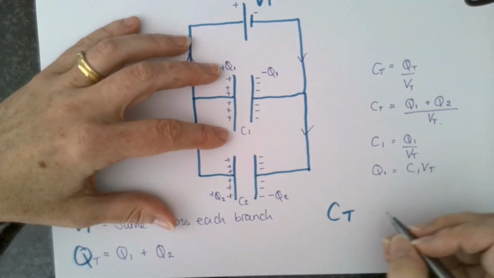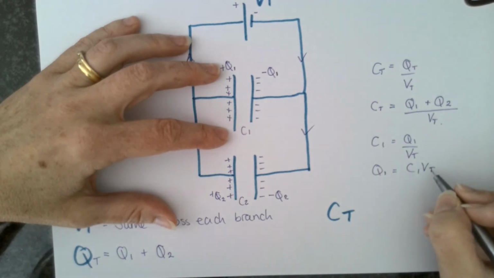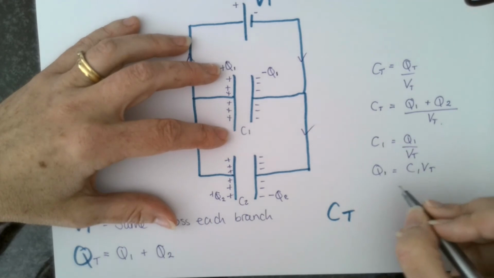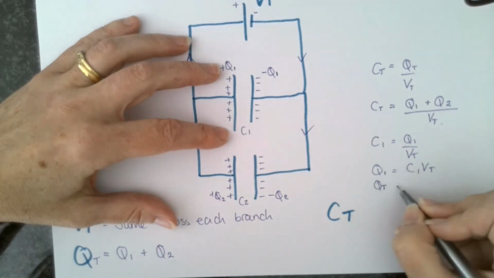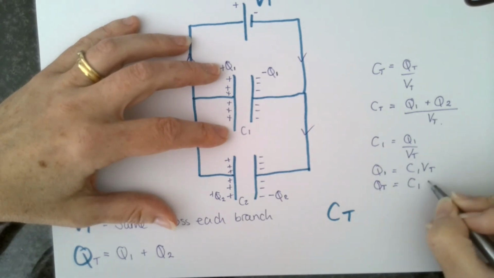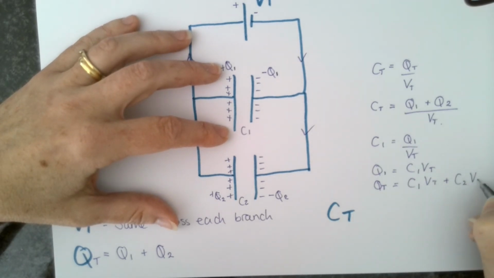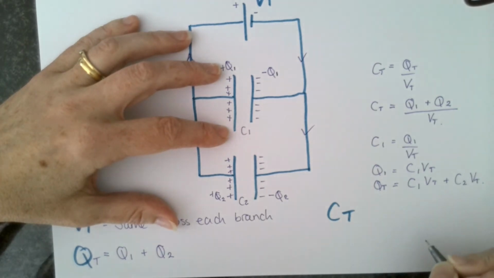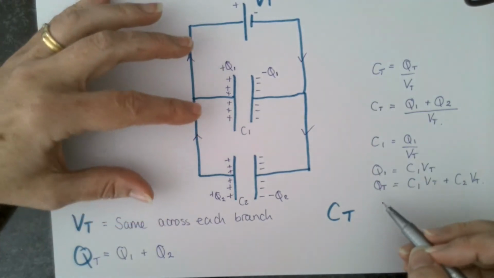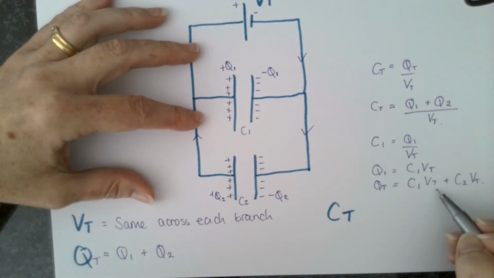Applying that to our situation, the total charge is going to be equal to C1 VT plus C2 VT, and total charge is just the total capacitance times the total potential difference.